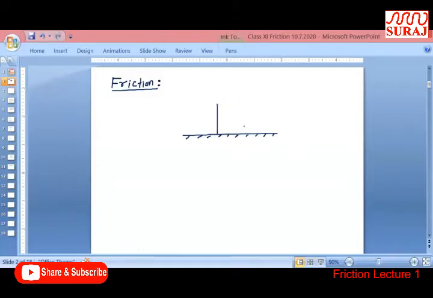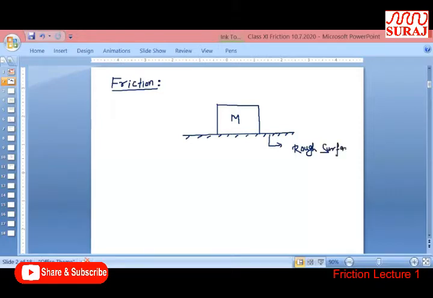A block here is placed on a rough surface. This is a rough surface.